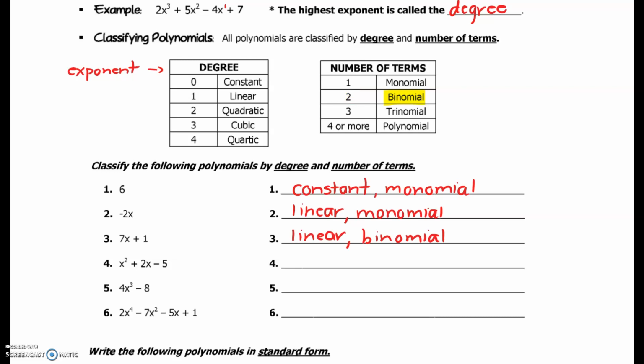All right, now for question number 4, we see a degree of 2. That's our highest exponent, so we classify it based off that highest degree. That is known as quadratic. And then we should notice that there are 3 terms here. With 3 terms, we have the word trinomial, and obviously trinomial meaning 3.